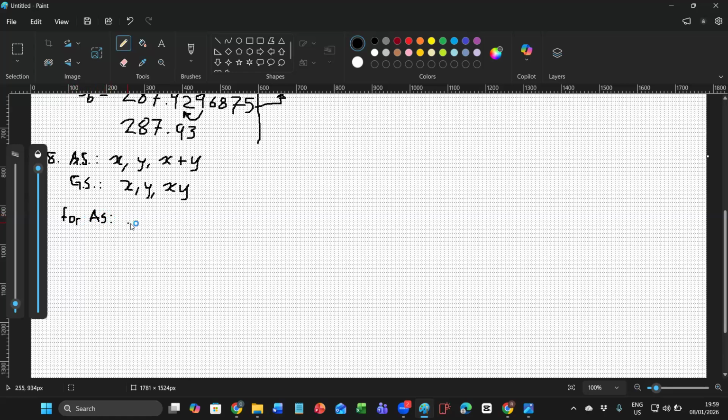For AS, y, the second term minus the first term, so these are our own conclusions, must be equal to the third term, which is x plus y, minus the second term, which is y.